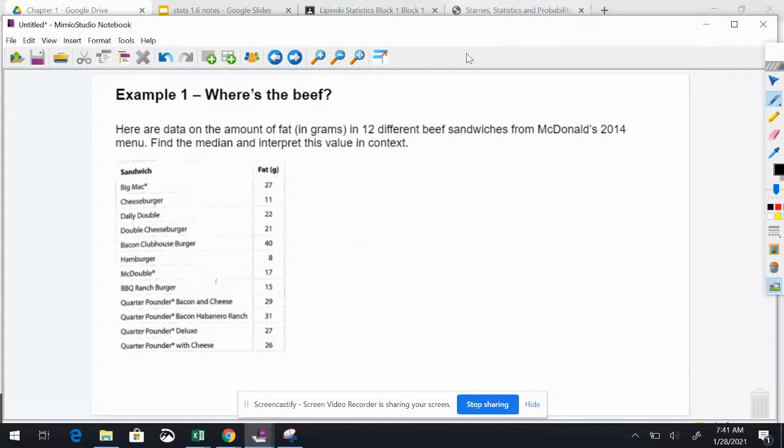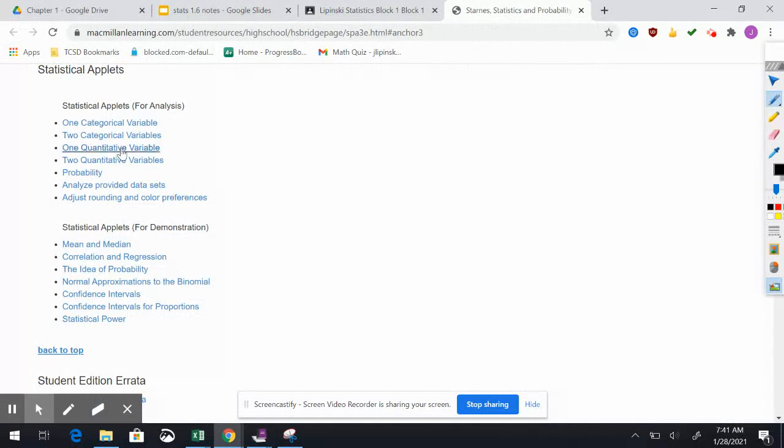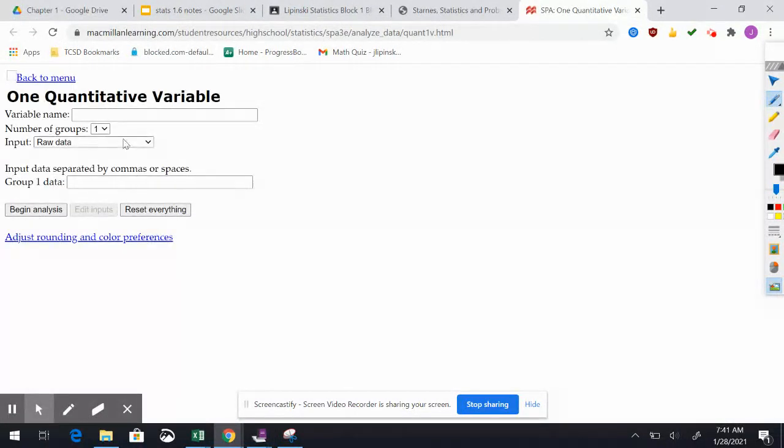We're going to go to the stats applet. Okay, so open that up, and we're going to go to one quantitative variable. And again, the variable name is not totally necessary. We could call this total value of grams of fat per beef burger from McDonald's, but we're just going to enter the data in here. Because we're entering it through technology, we don't have to put it in order.